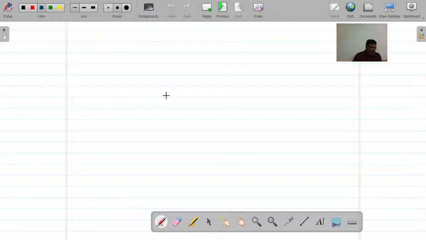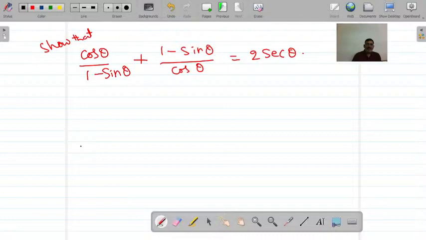Now, let us try this problem. Cos theta by (1 minus sin theta) plus (1 minus sin theta) by cos theta. On the left hand side, you take the LCM, which is (1 minus sine theta) times cos theta.